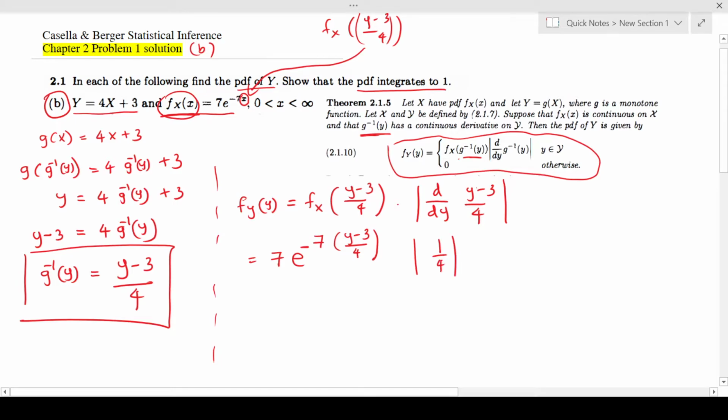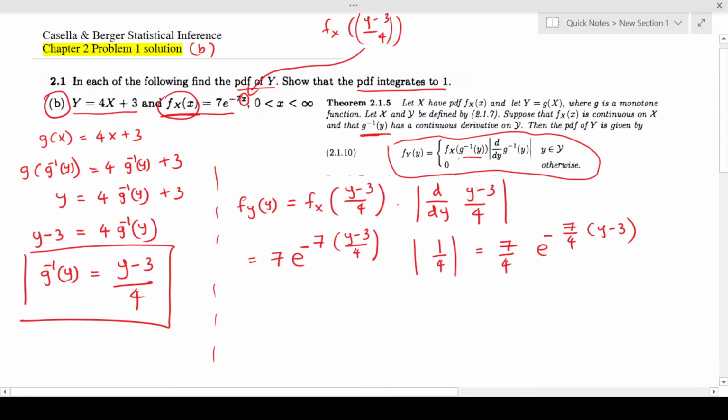This is positive, so we can get rid of the absolute value sign. Now this simplifies to 7 over 4 e to the power negative 7 over 4 times (y minus 3).